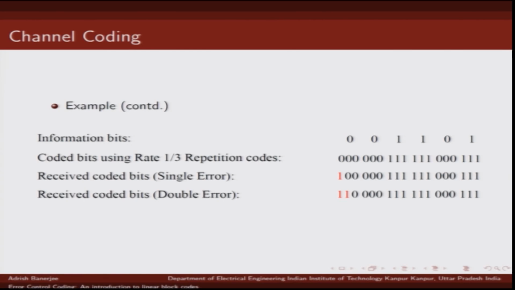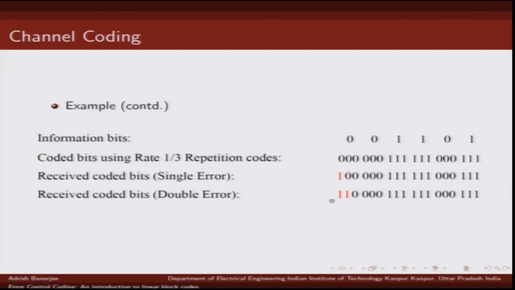So, using majority logic, since the majority of the bits are 0, we will decode this as 0. So, we can see this rate 1/3 repetition code can correct a single error. This was not possible for the rate 1/2 repetition code.